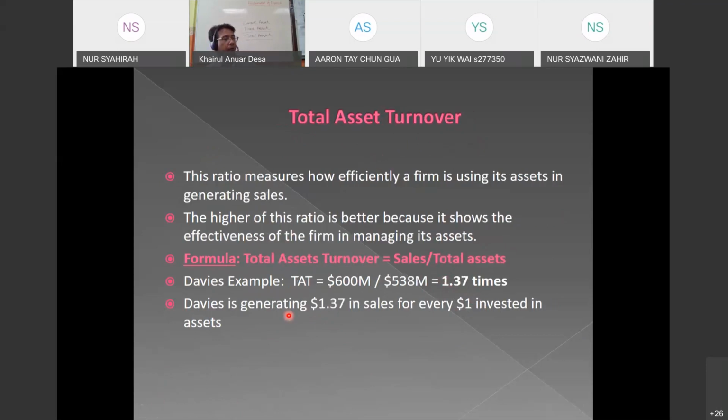But when we include current asset in the total asset turnover here, the result is 1.37 only instead of 2.03 just now. And every single ringgit, every single dollar invested in the total asset, we can only generate 1.37 instead of 2.03 just now.